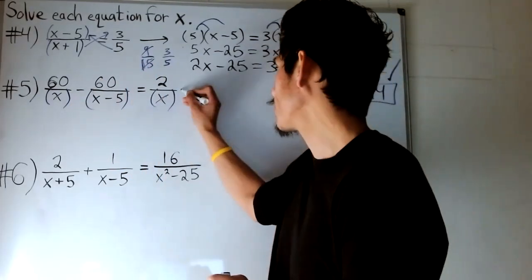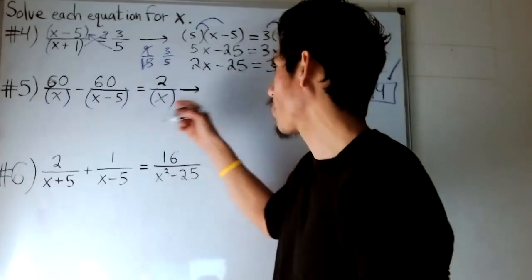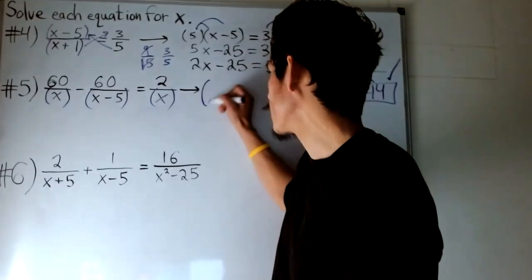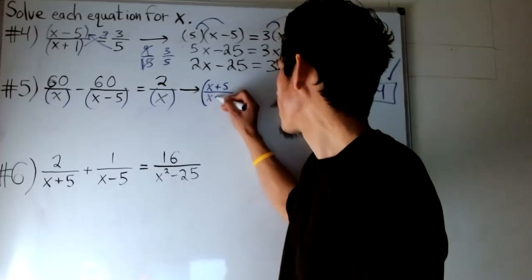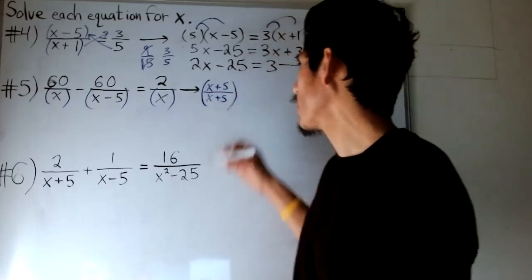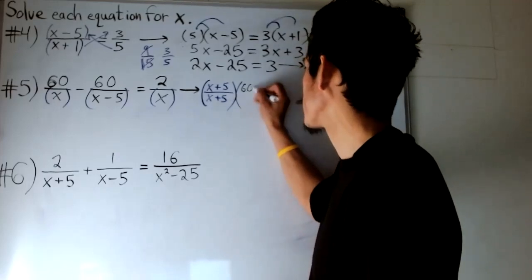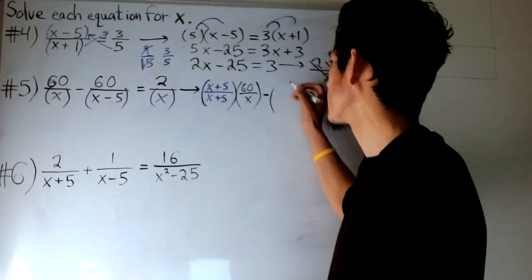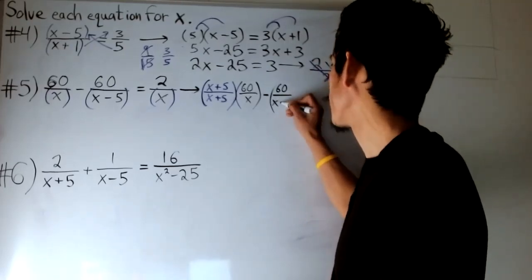So let's just do it all over on this next step. So for this first guy, what we're going to have is x plus 5 over x plus 5 times 60 over x minus the 60 over x minus 5.